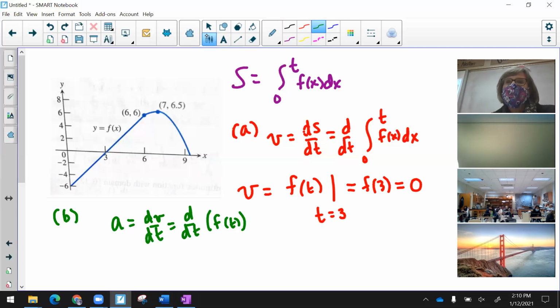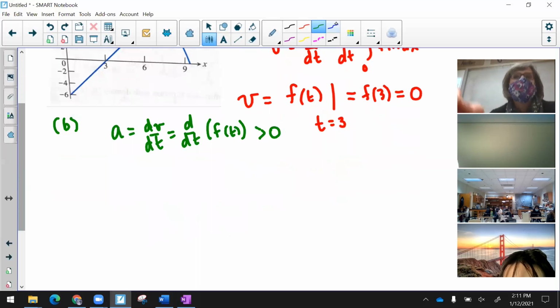What's the non-calculus word for derivative? Slope. So I'm going to look at the slope at t equals 3. All I want to know is whether it's positive or negative. What do I know about the slope at t equals 3? It's positive, right? So that tells me that my acceleration is positive. Okay, we good?